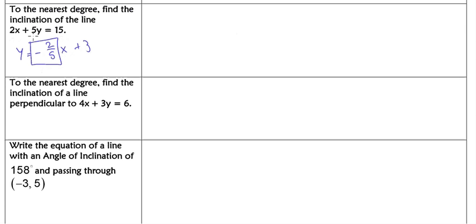That's the slope. And remember we said that the slope, m, this is what we just learned in that last section, the slope is equal to the tangent of our inclination.